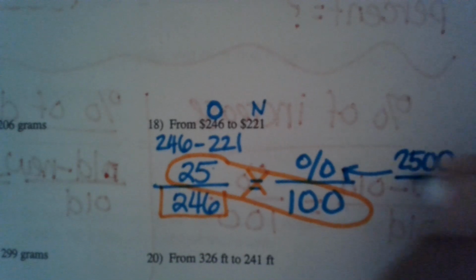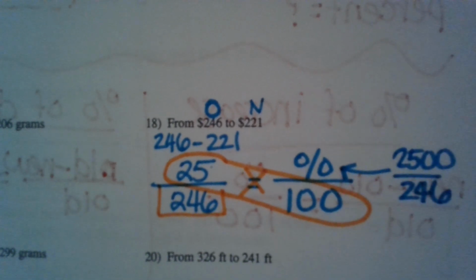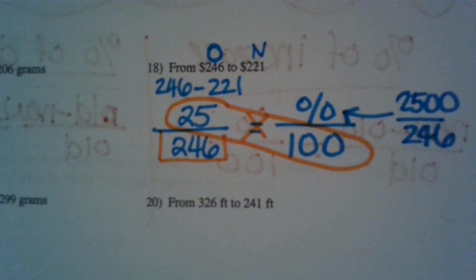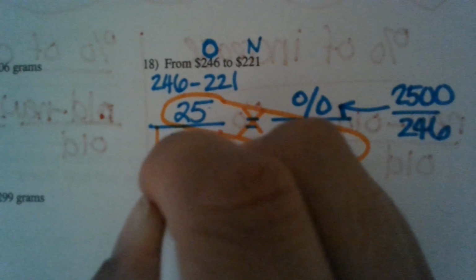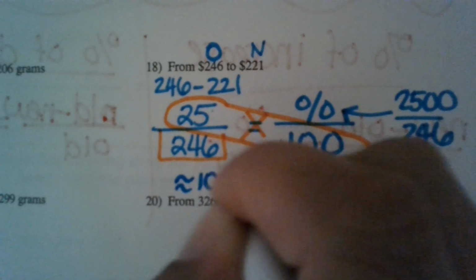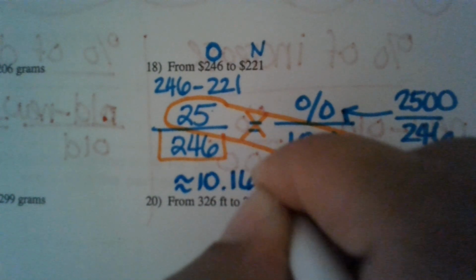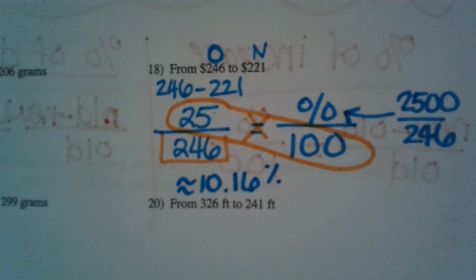Now, I want us to round this to a whole number. So I'm going to get a decimal first. But I want to see what happens if we round it. So, when I did it, your calculations became 10.16%, but I want this rounded to the nearest whole number.